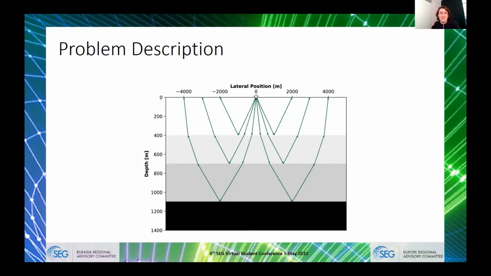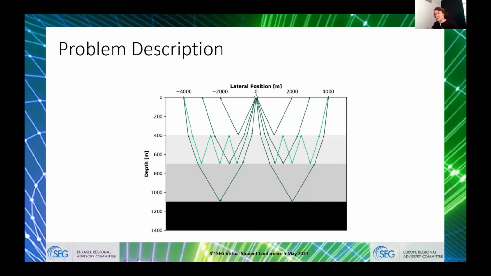Unfortunately, in reality, this is not always this easy, because what you will see is that you have internal multiples that also are generated in the subsurface. And what these internal multiples do is they can obscure the view of subsurface targets for you.